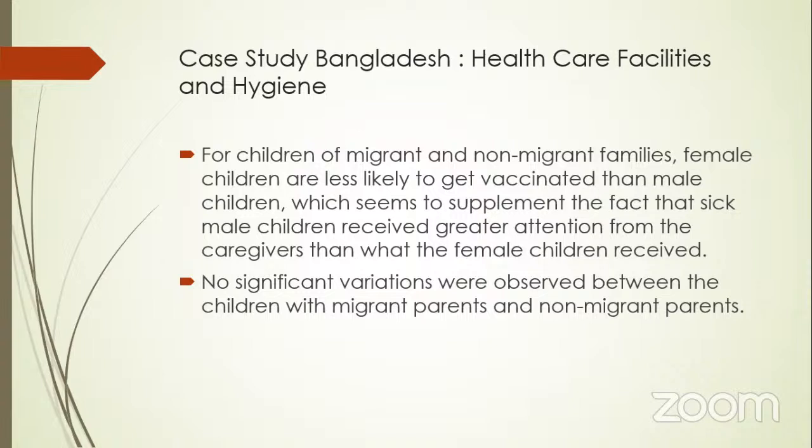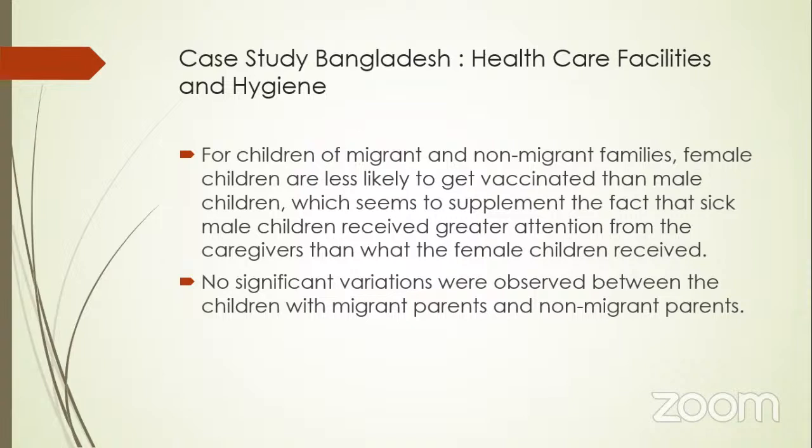What was there in Bangladesh? And this is where, Anjali, the culture comes in. A sick male child receives greater attention from caregivers than what female children receive. This is strangely even true for the Indian middle class in a lot of cases that I come across.